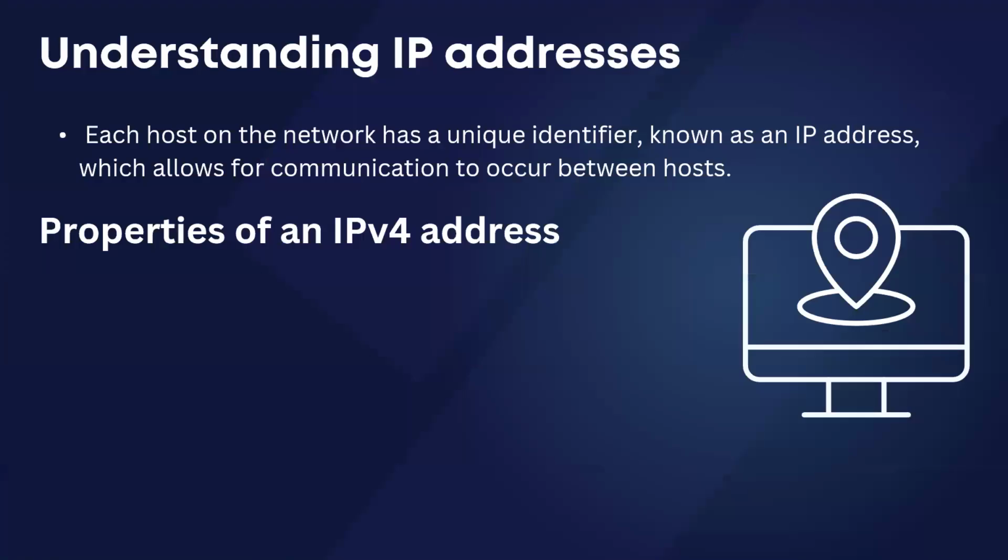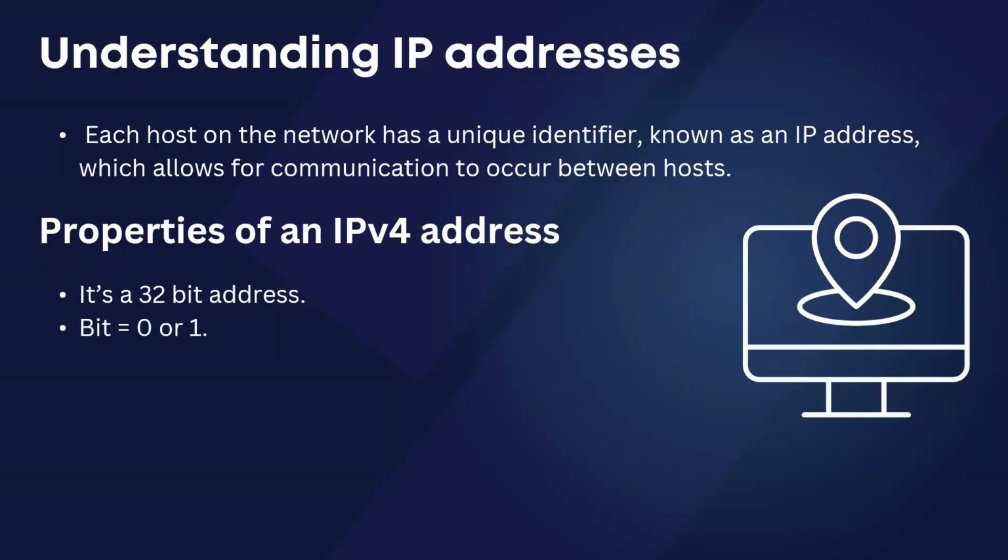But anyways, coming back to this. Let's talk about the properties of an IPv4 address right now. Firstly, it's a 32-bit address. What I mean by 32-bit is that it contains 32 zeros and ones in it. A bit is the smallest data value a computer can hold or store.